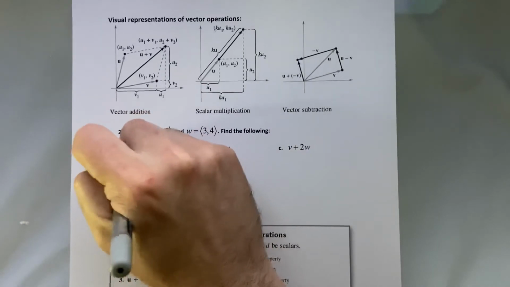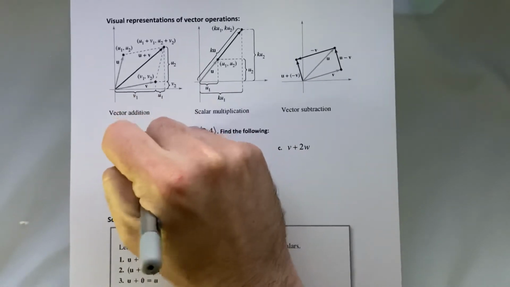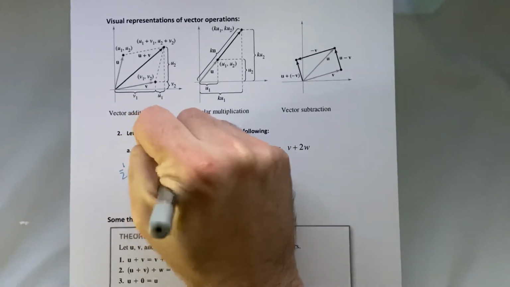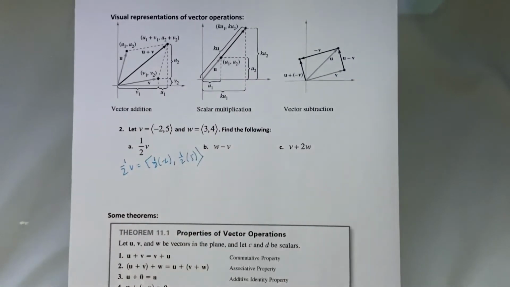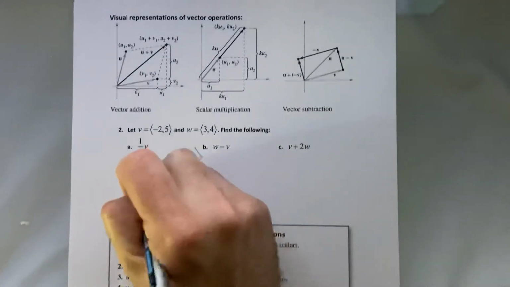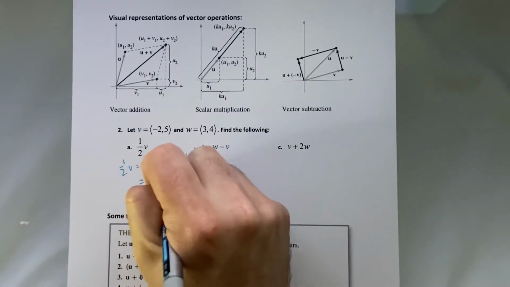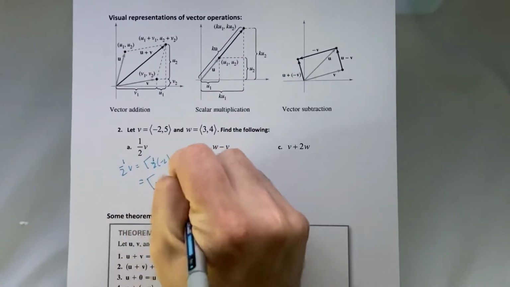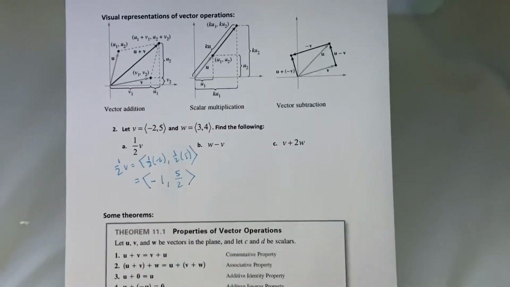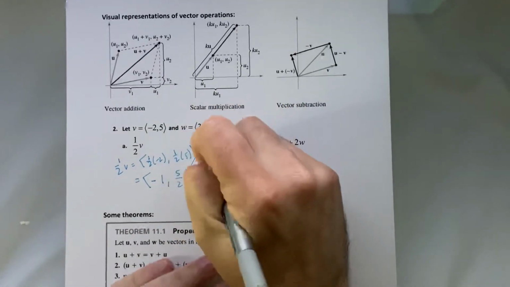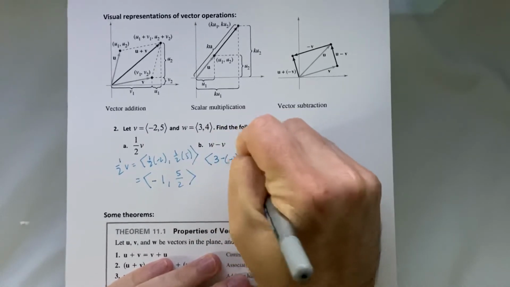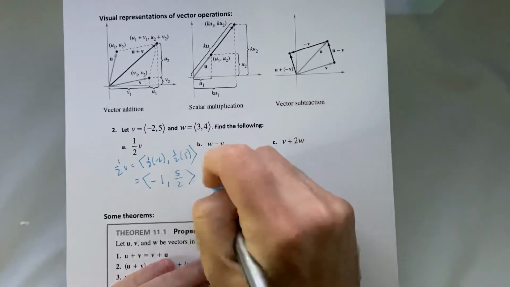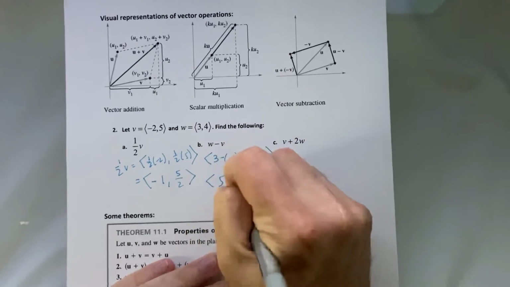Half v is just half of negative 2 and half of 5, which is (-1, 5/2). So you just multiply each term by the number. w minus v is going to be 3 minus negative 2, 4 minus 5, which should be (5, -1).